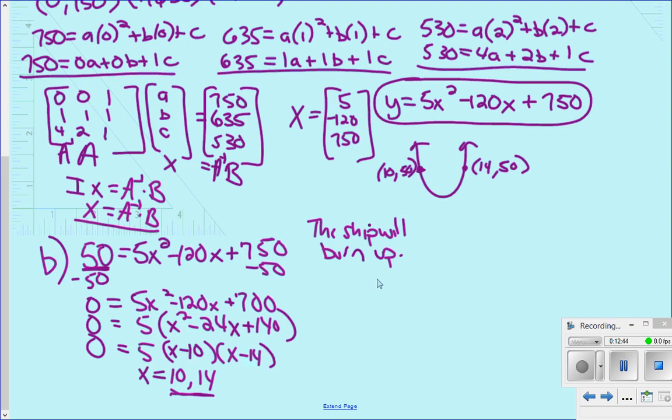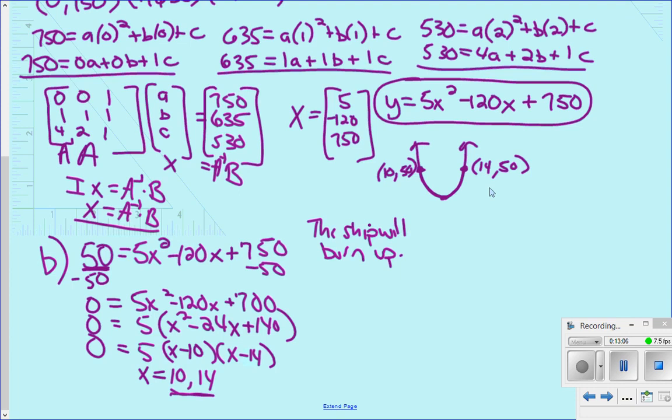So right here, the ship's burning up, which technically, in terms of the problem, means it's done. The ship's burned up and it can't go any further. In terms of the parabola that models this scenario, there would actually be a second answer. If the ship did continue on, it would go down until it reached the minimum, and then it would go back up.